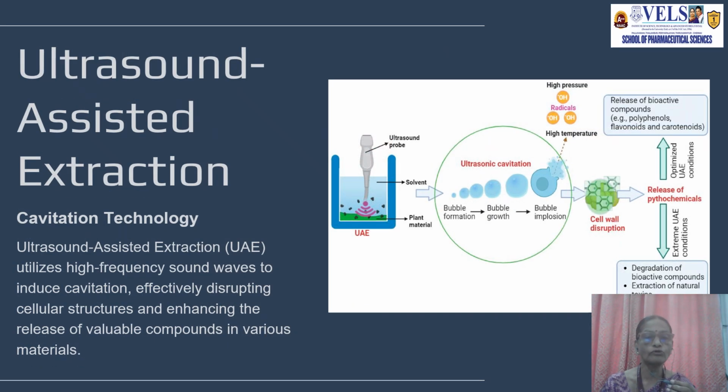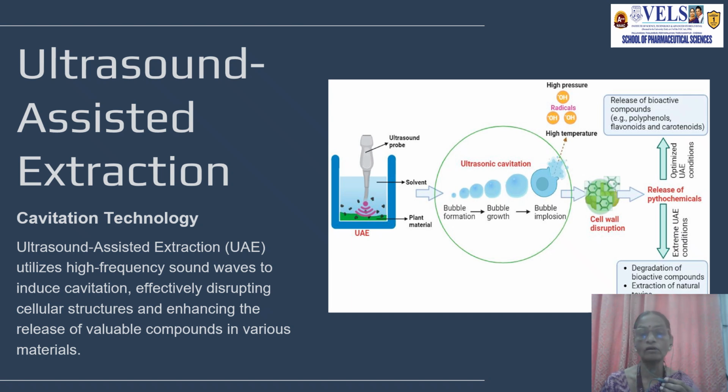Next is the ultrasound assisted technique. Here, the powdered plant material is kept in the solvent. Then sound waves of a particular frequency are applied to the plant material. These sound waves cause bubbles in the sample.